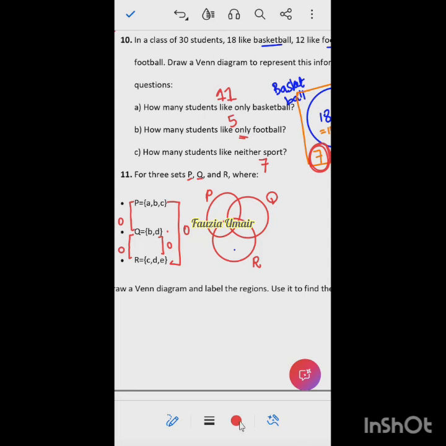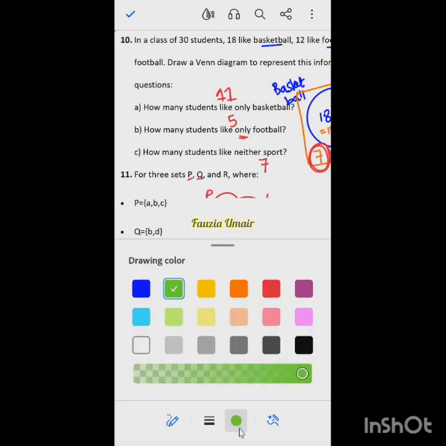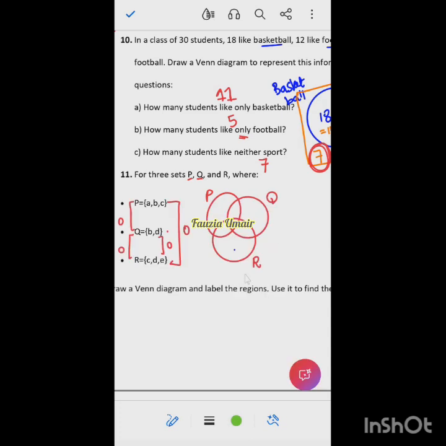So now let's put the elements in the sets. Let's see which element will go in which region. When there are two overlapping sets, there are basically three regions, right? We have just discussed. If there are two sets, there are three regions. If there are three sets, how many regions are there? Can you count and tell me? 7 regions.